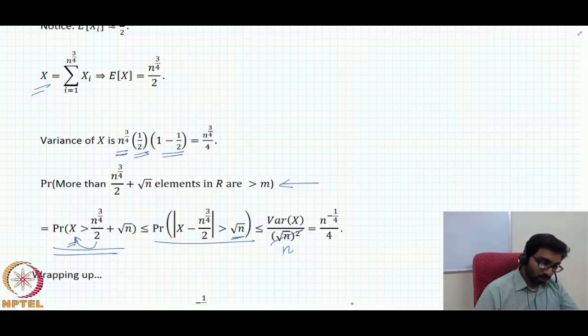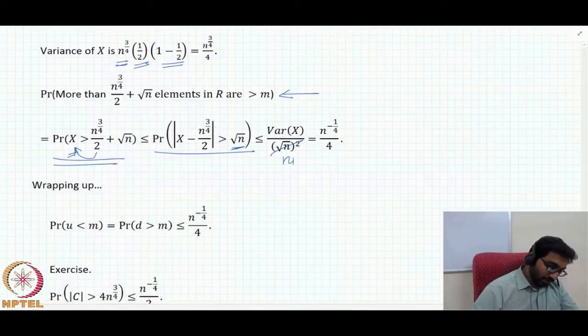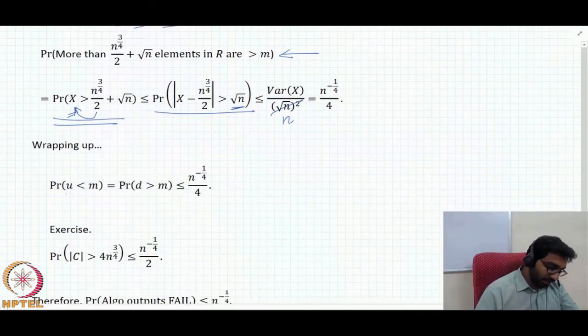So this whole probability turns out to be n to the minus 1/4 divided by 4. By symmetry, the probability that the count of elements less than M is also large is at most n to the minus 1/4 divided by 4.